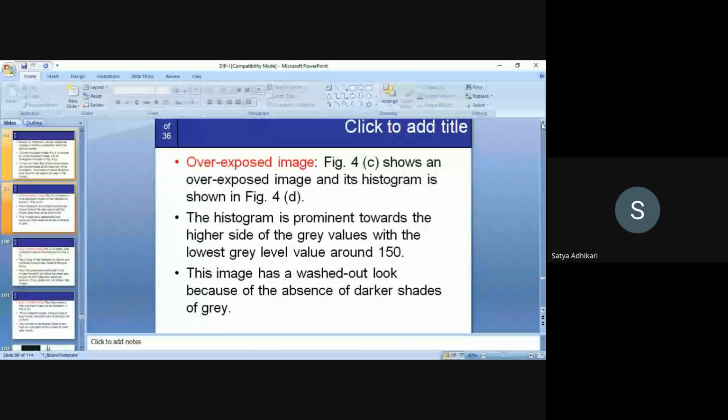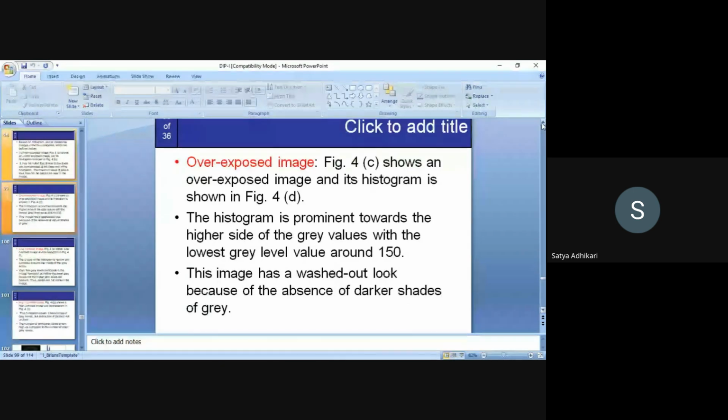This is opposite to the underexposed image we discussed in the last slide. And this image has a washed-out look because it is absent of darker shades of gray. Darker shades are absent because if values are more than 150, they are closer to 255. So that is why it is brighter.